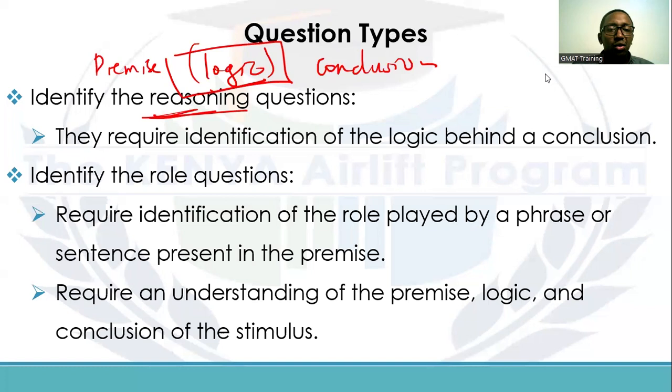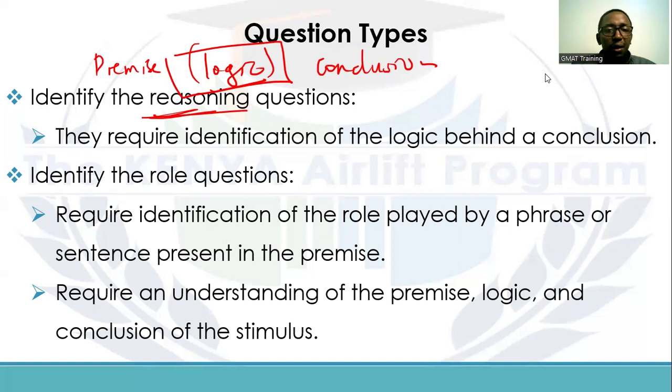If it's a conclusion that is bolded, then because you know how to break down the structure of the stimulus, you can easily tell that this is a conclusion. So identifying the role just needs you to know how to spot the premise, the logic, and the conclusion, and probably any assumption that's presented.